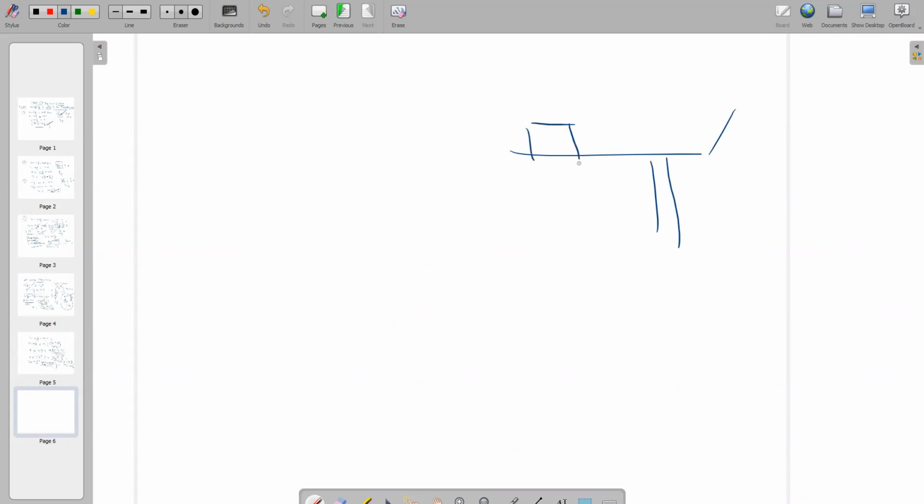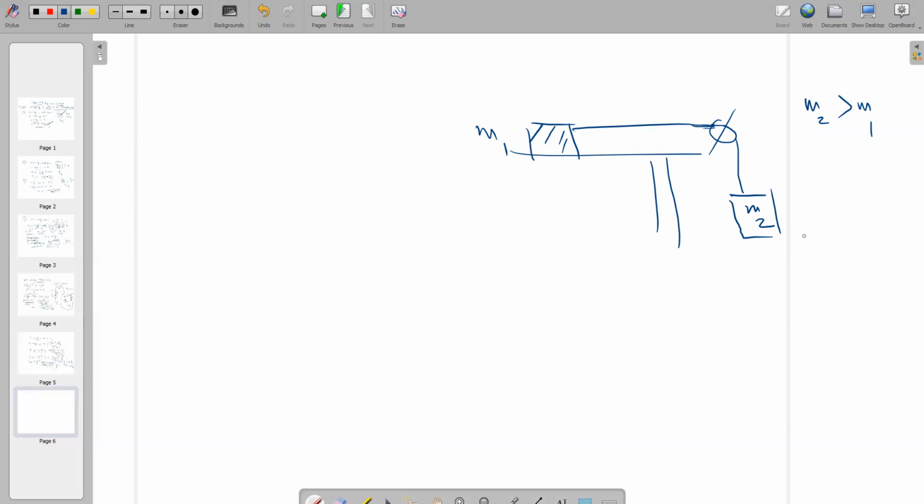On the table, this is the body and its mass is M1. It is connected with a string and here is a pulley. Over the pulley, the string is passing down and here is another mass, M2. Again, we are supposing that M2 is greater than M1.